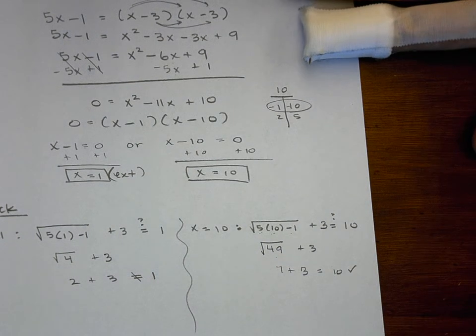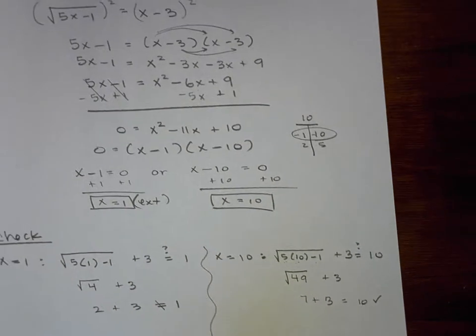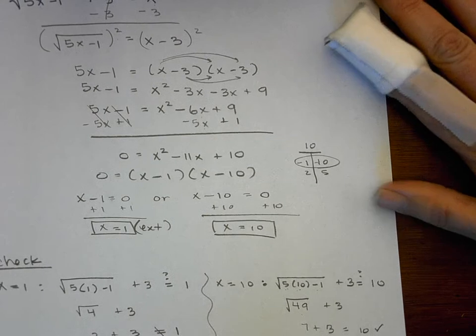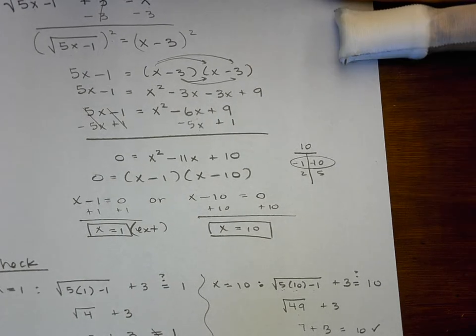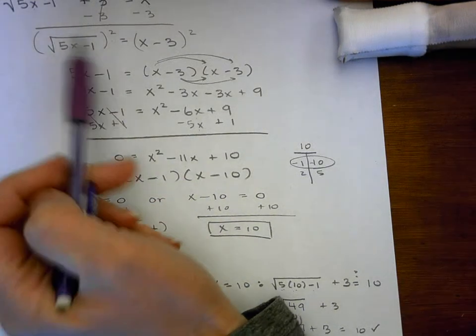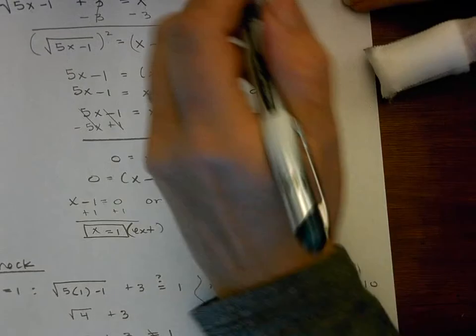Okay, so now for the shortcut. So this may not make sense to people, which is fine. But one thing that you can do real quick here is you know that this has to be positive, right? You know that this has to be positive. So let me do this off to the side here.